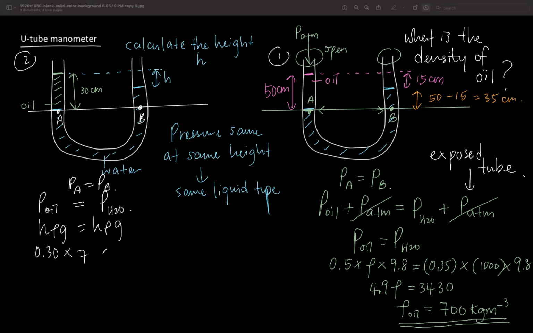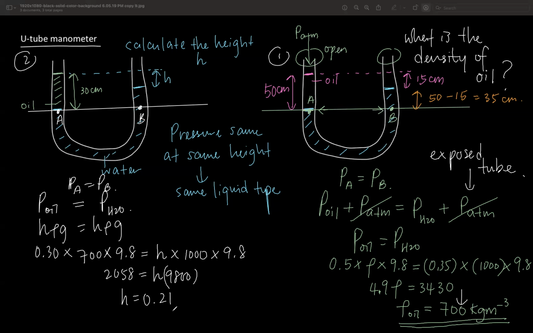The density of oil, we use this one. Okay, so you get this 0.21 meter or 21 cm.